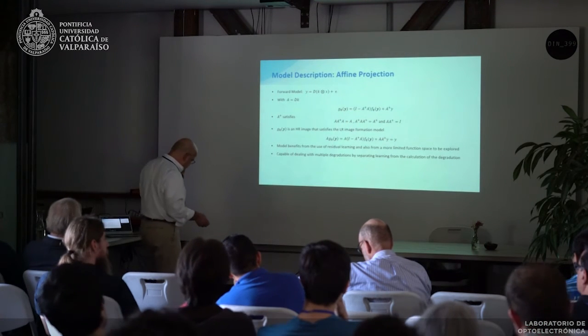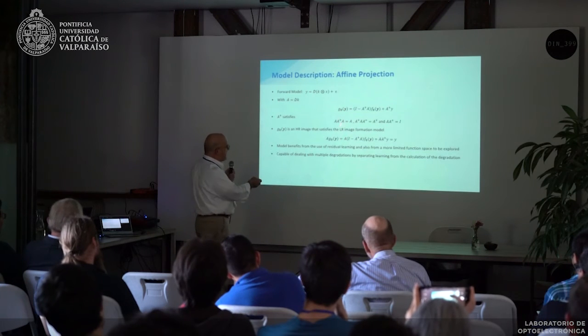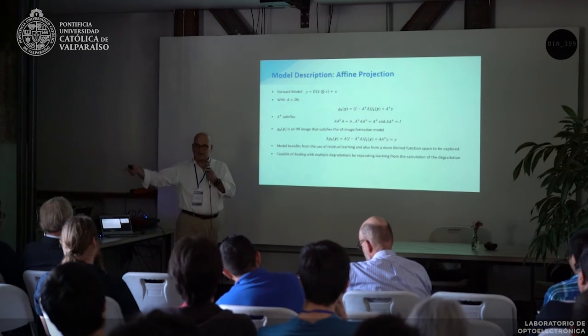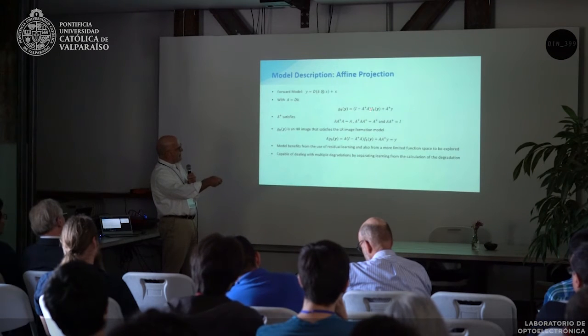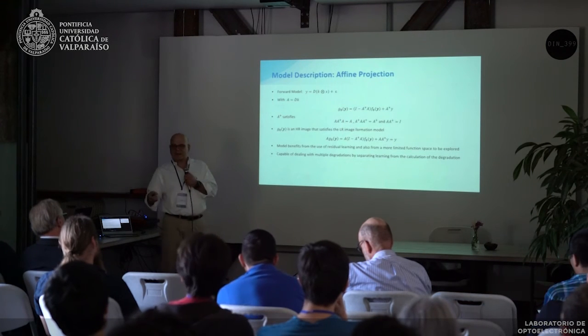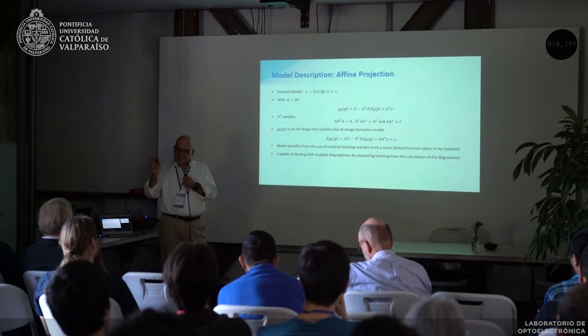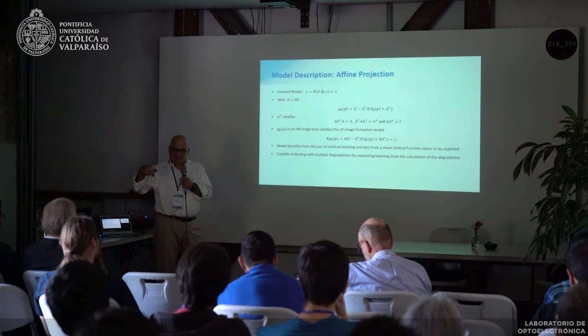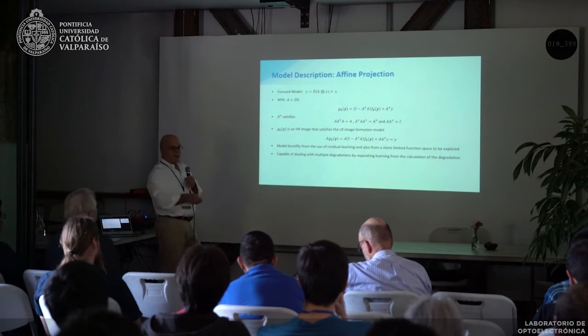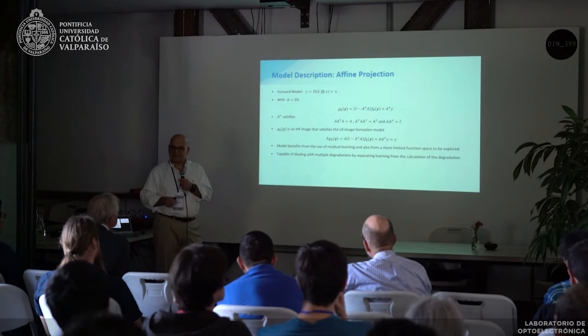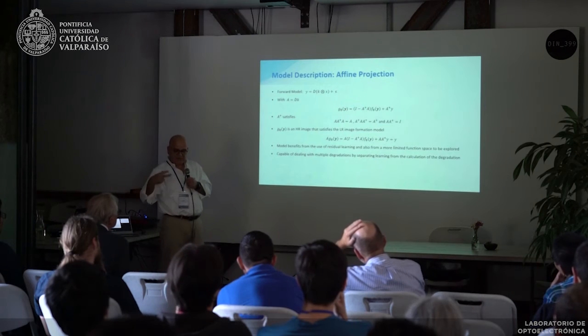So the moral of the story here is that I don't need to learn the overall end-to-end mapping, but I can learn this residual mapping, this f of theta is really the residual. So I learn the residual and then use analytical knowledge of the operator A to come up with the end result. And this has two benefits.